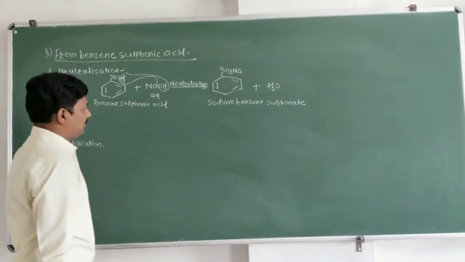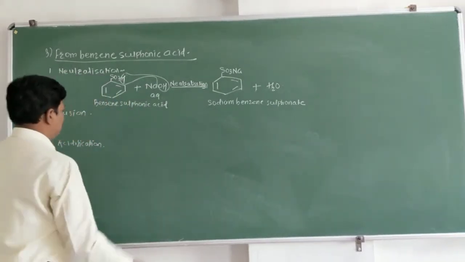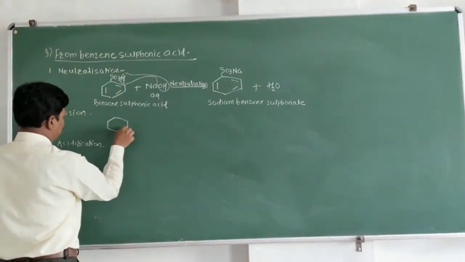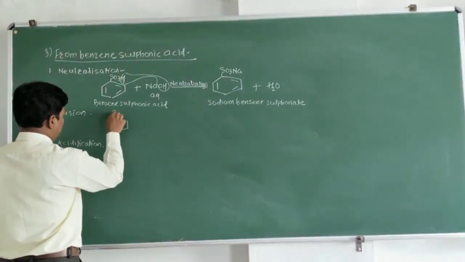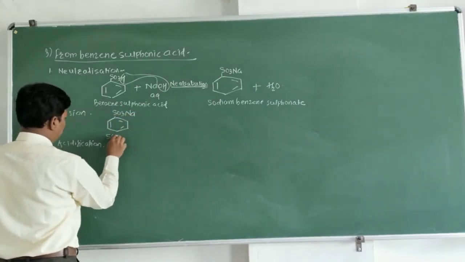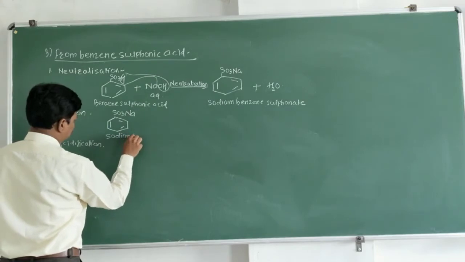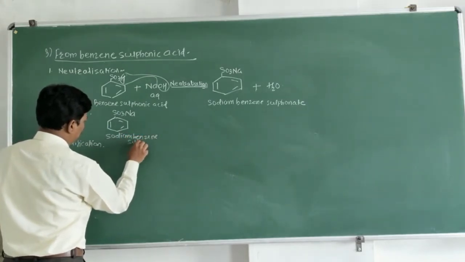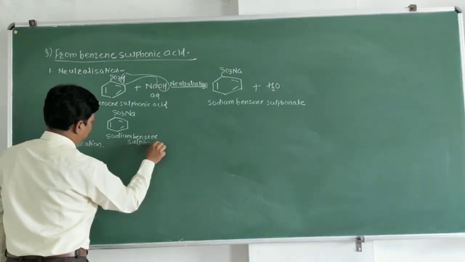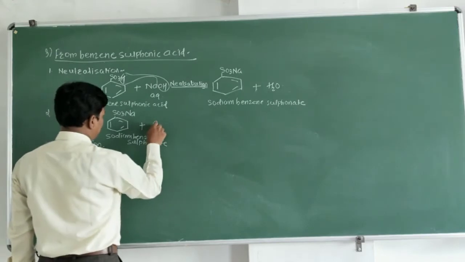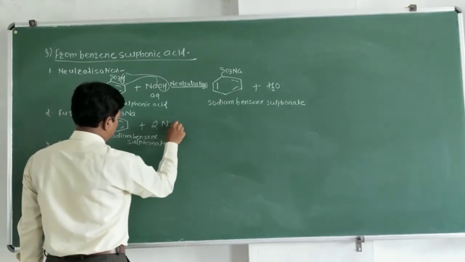Then in the second step, this sodium benzene sulfonate, SO3Na, reacts with excess NaOH, meaning it undergoes fusion with NaOH.